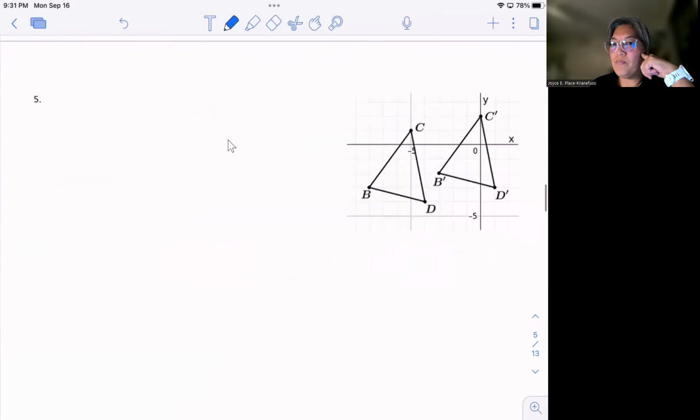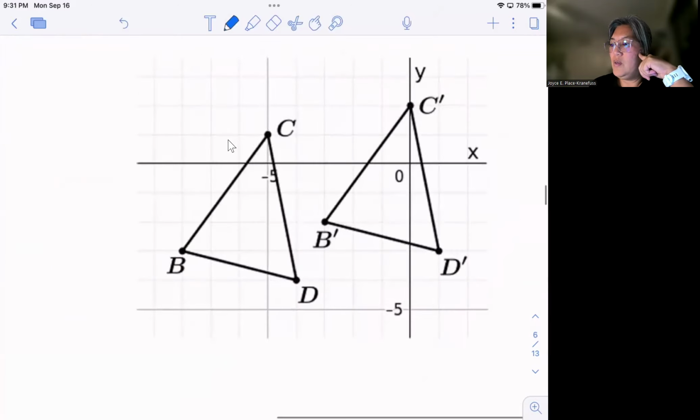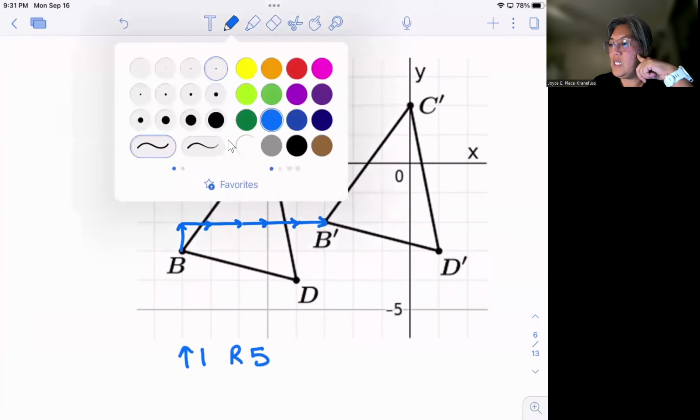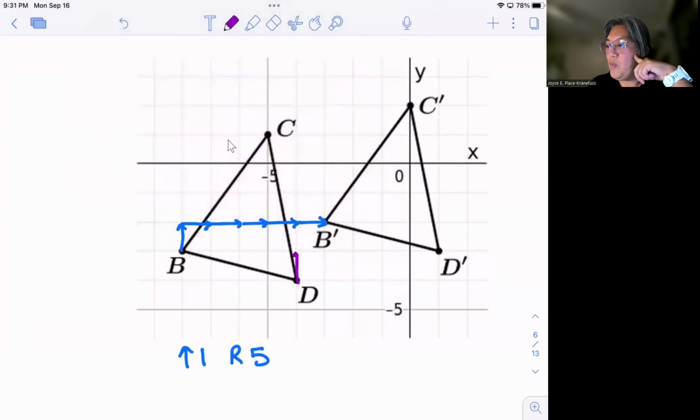All right. How did I get from B to B prime? Up 1, 1, 2, 3, 4, 5. So I went up 1, right 5. Let's see if we did the same thing for D. Up 1, 1, 2, 3, 4, 5.